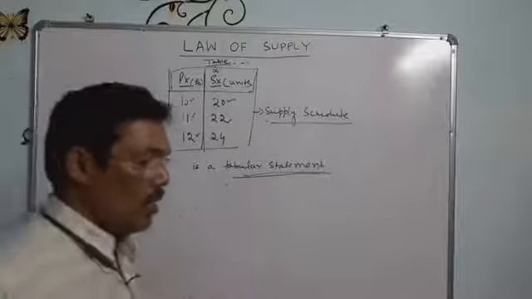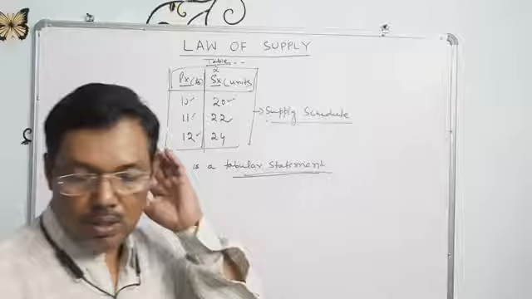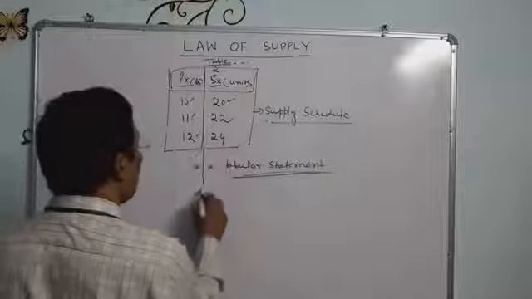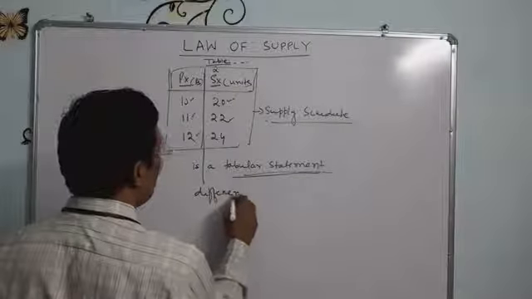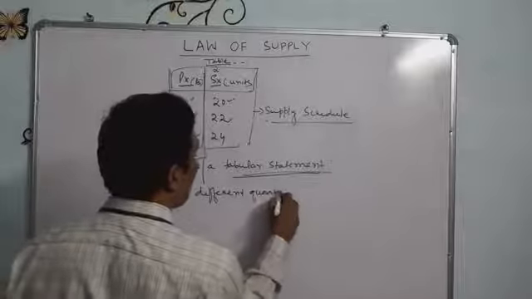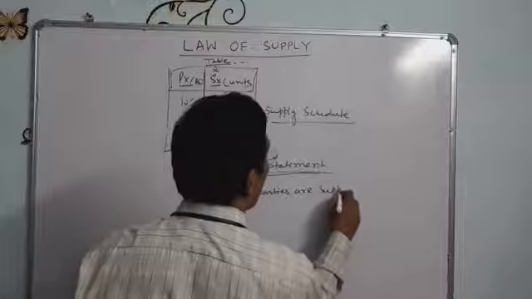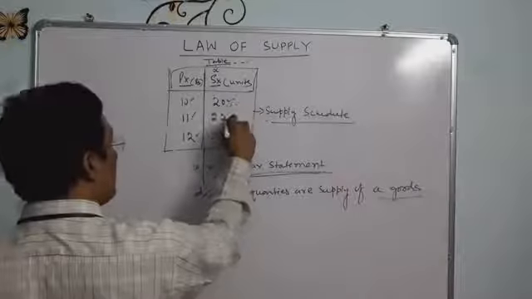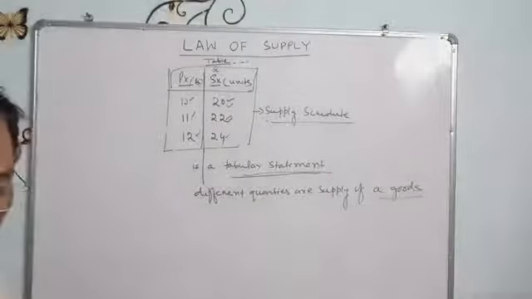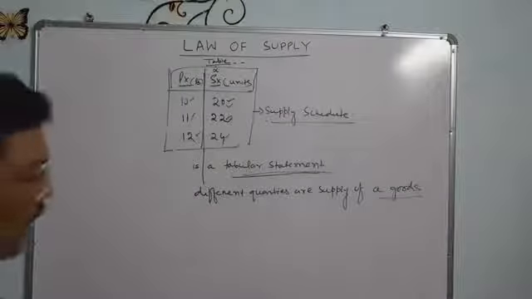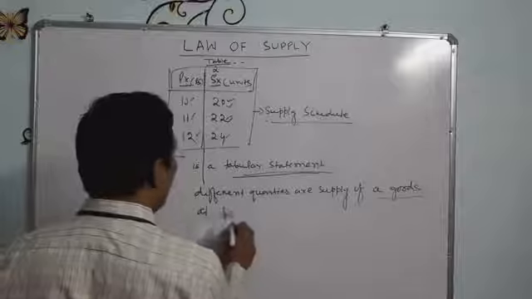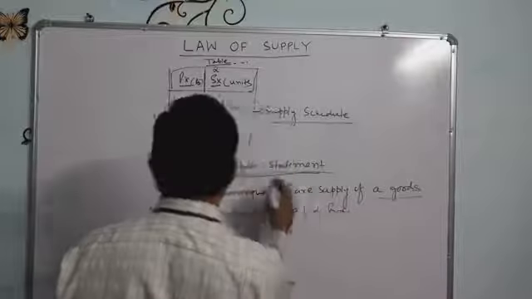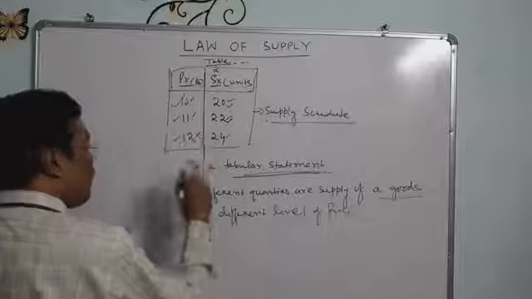Again I repeat, what is a supply schedule? A supply schedule is a tabular statement which shows the different quantities supplied of a good or commodity, 20, 22, 24, at different levels of price: 10 rupees one level, 11 rupees one level, and 12 rupees one level.